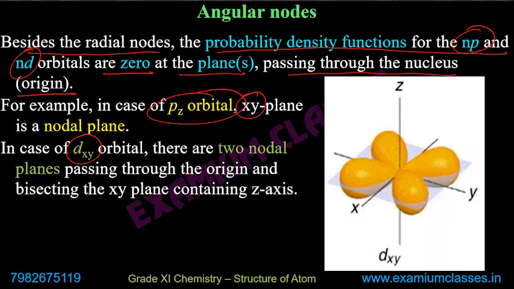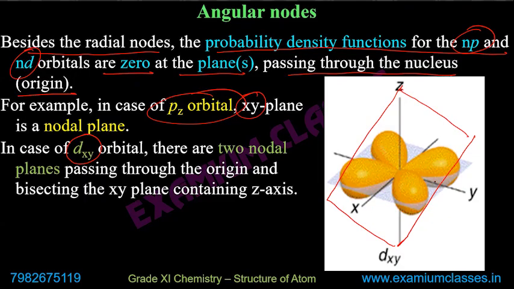For dxy, dxy itself is in the xy plane, but there are two planes which pass through the center and do not intersect the lobes. Those planes are, xy plane, this one.